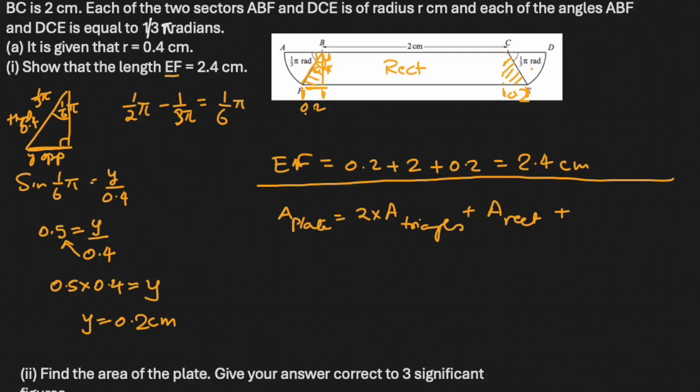Then I'll find the area of this sector, which is exactly the same as this sector, so 2 times the area of the sector, and I will get the area of the plate.